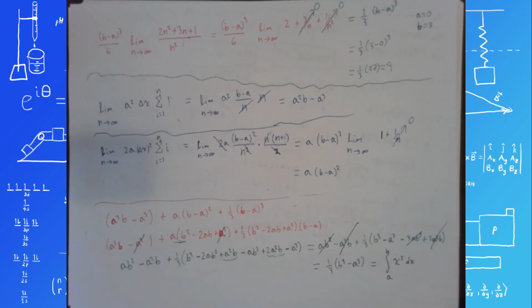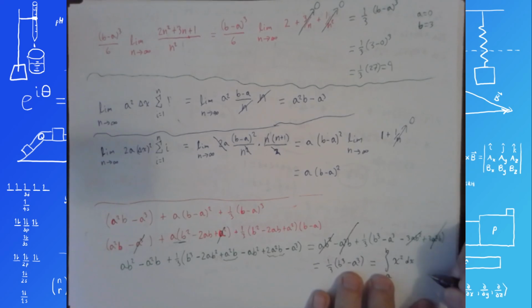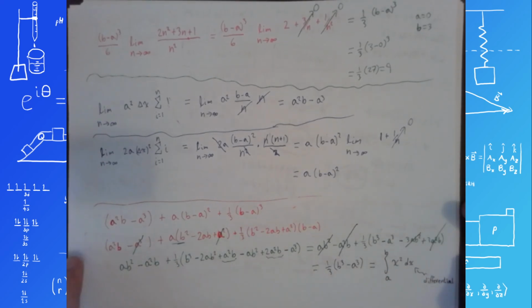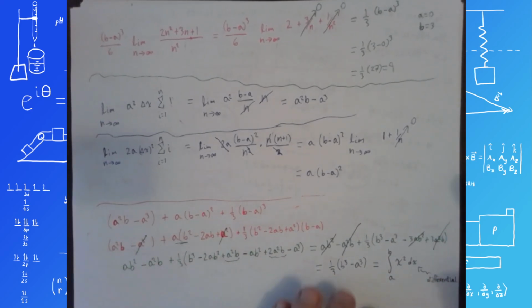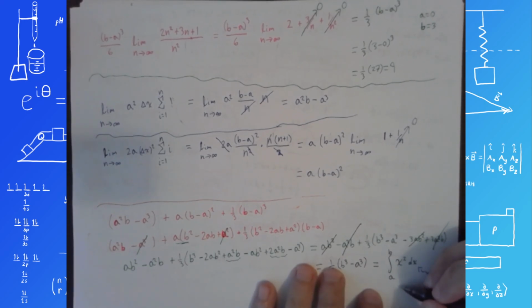So official terminology, this dx thing is called a differential. It tells you what your variable of integration is. The function that goes inside of the integral is called the integrand.